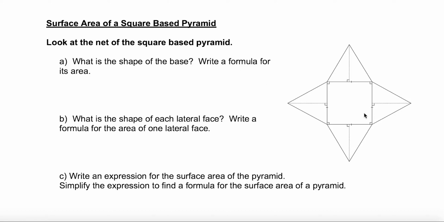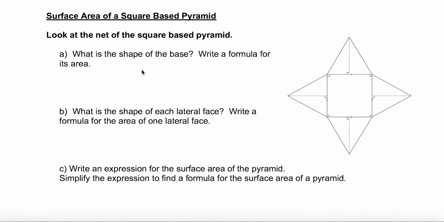If we're talking about a pyramid and we look at this net, a net is when you take the shape and you flatten it down and you look at all the pieces that would be needed to make up a square-based pyramid. Just to develop the formula for this shape, in case you didn't have your formula sheet, what is the shape of the base?